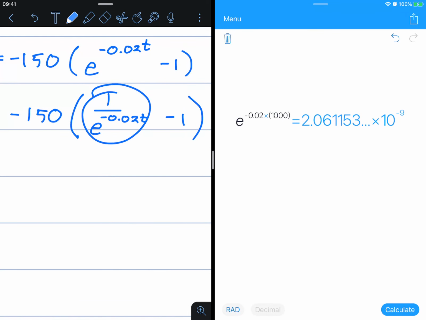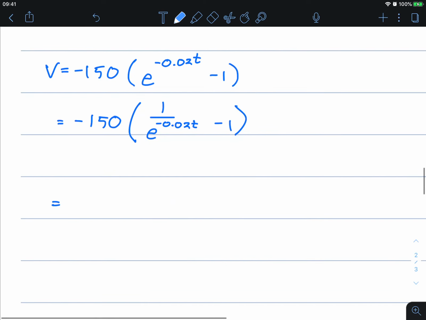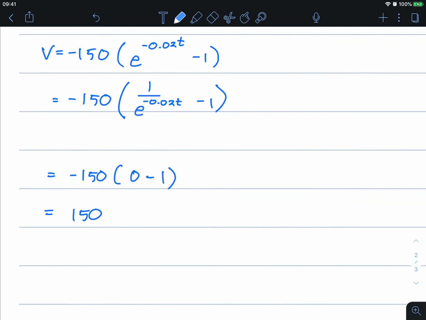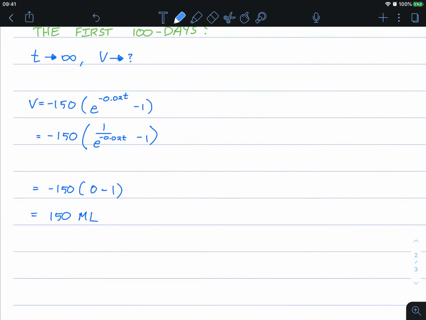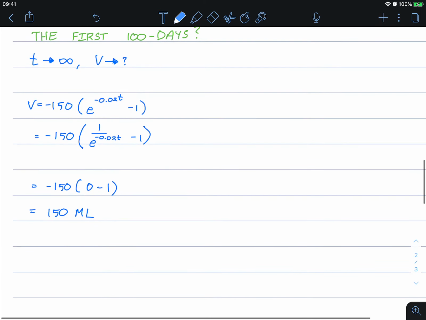So this approaches 0 as t becomes very large. So this is essentially going to become 0 take away 1, which becomes 150 megaliters. At 150 megaliters, that's what it will eventually approach. So that's the total amount.